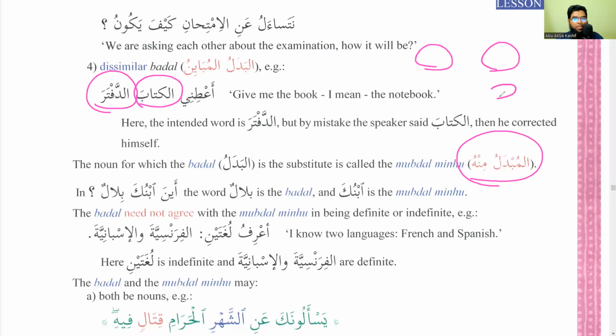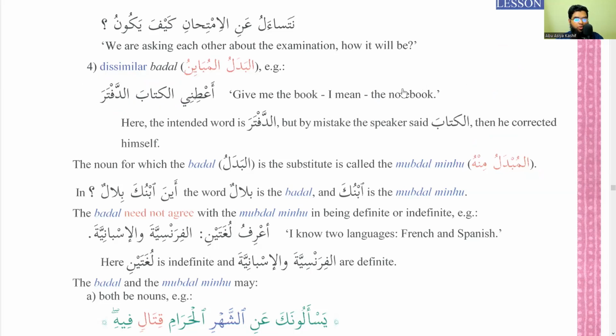Similarly, the first word is called mubdal minhu and this is called badal, like mausuf sifa or manut nat. So badal will be Muhammad, nisfaha, uslub, and kaifa yakun. Not nisfaha literally, only nisfa, wa huwa mudaf, because mudaf ilayhi will not be included, technically speaking. Yes, yes. Okay.